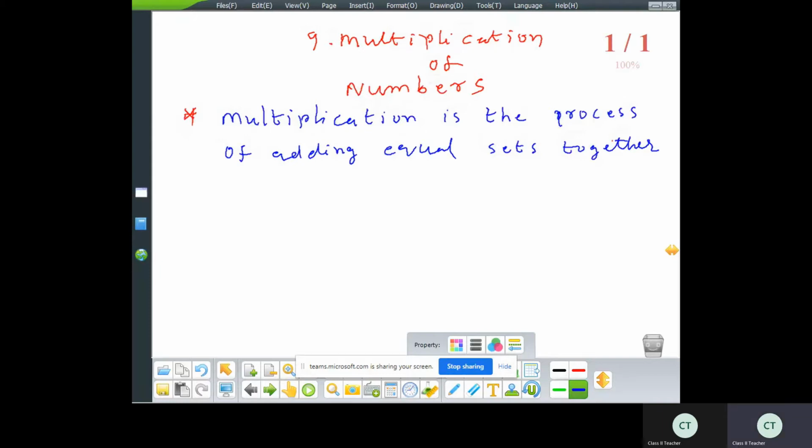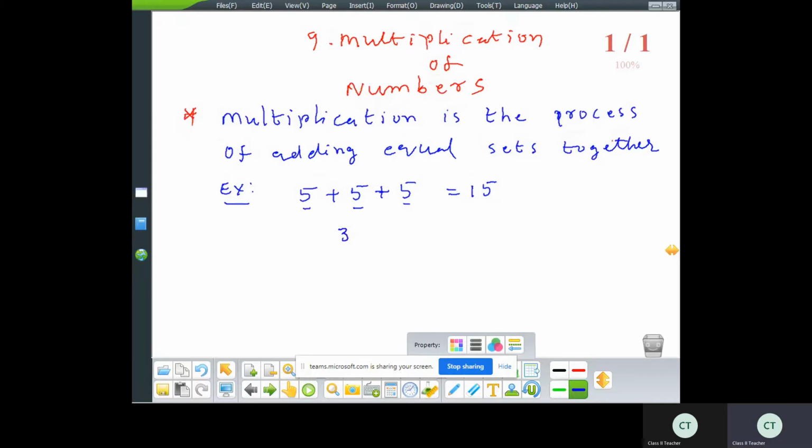Now example, 5 plus 5 plus 5. 5 plus 5, 10, 10 plus 5, 15. Here 5 repeated, 1, 2, 3. 5 repeated 3 times.